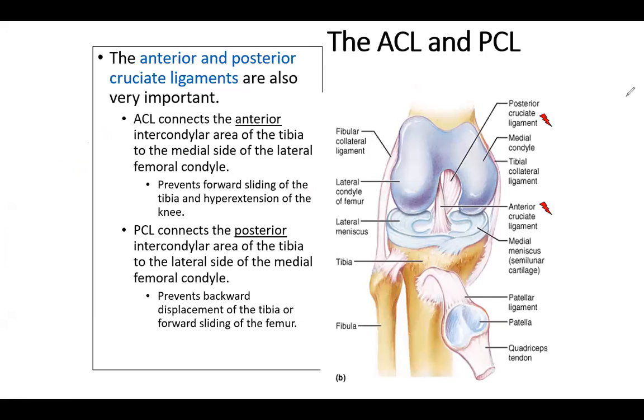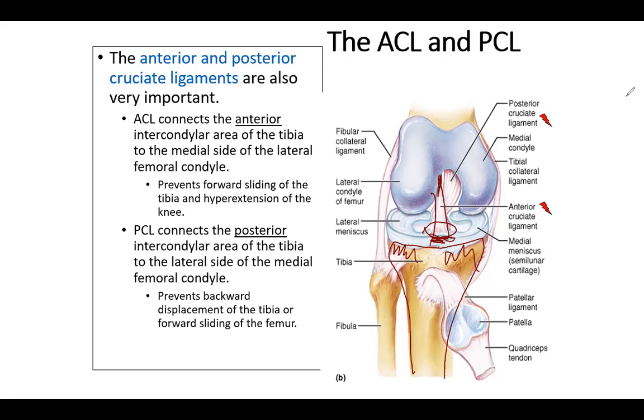Now, here's our tibia right here. This is a condyle here and a condyle here. The intercondylar region is the area right in here in between the two condyles of the tibia. Here's the ACL coming down here. It attaches to the anterior condylar region here in the front of the tibia, and it extends to the lateral condyle of the femur.